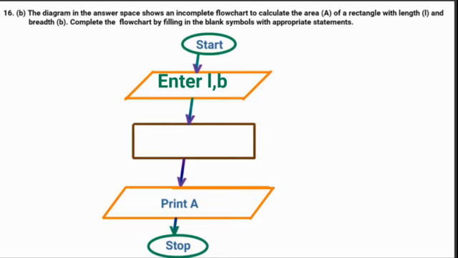Then afterwards, you enter the formula, which is the formula for area: A equals L times B. So you enter it the way it is. The next thing is you print out the area. Basically this is how you were supposed to answer the question, or how you are supposed to complete the flowchart.